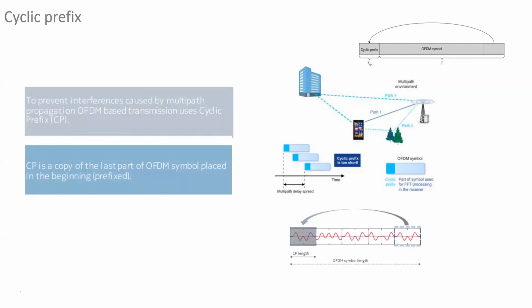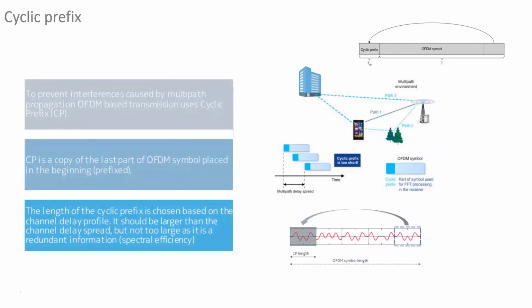Again, with the help of this slide, we can understand cyclic prefix. In the transmitter, the OFDM symbol is extended with the help of this cyclic prefix. The purpose of cyclic prefix is to avoid inter-symbol interference.